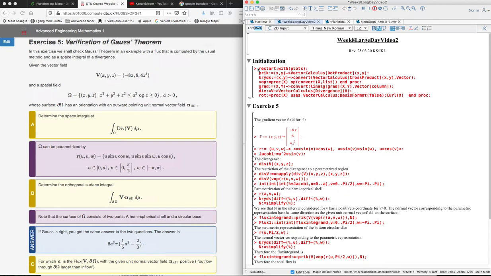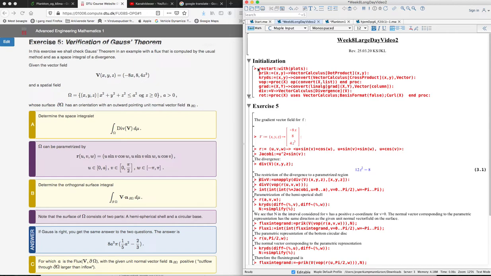Then we go on to implement the parametric representation of this hemisphere, and then we state the Jacobian for such a hemisphere, which is given by this formula. Then we compute the divergence of this vector field.